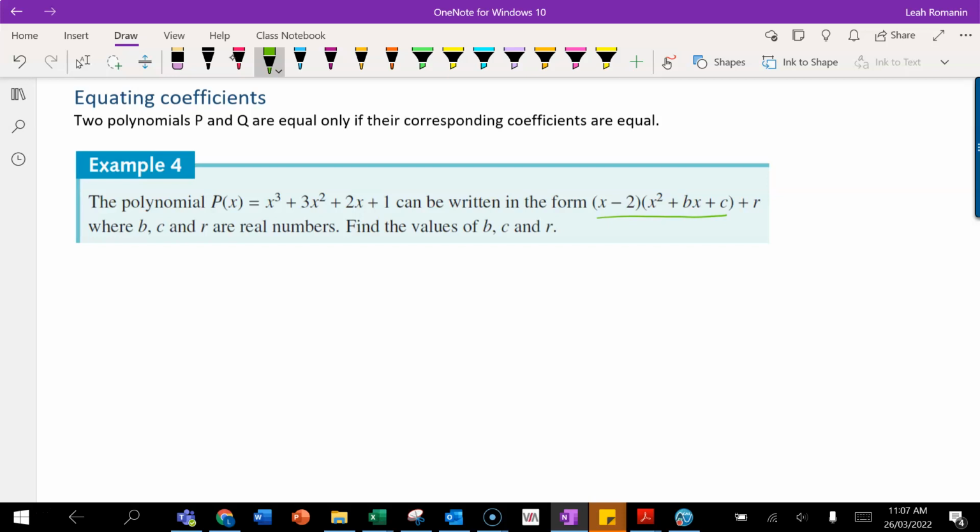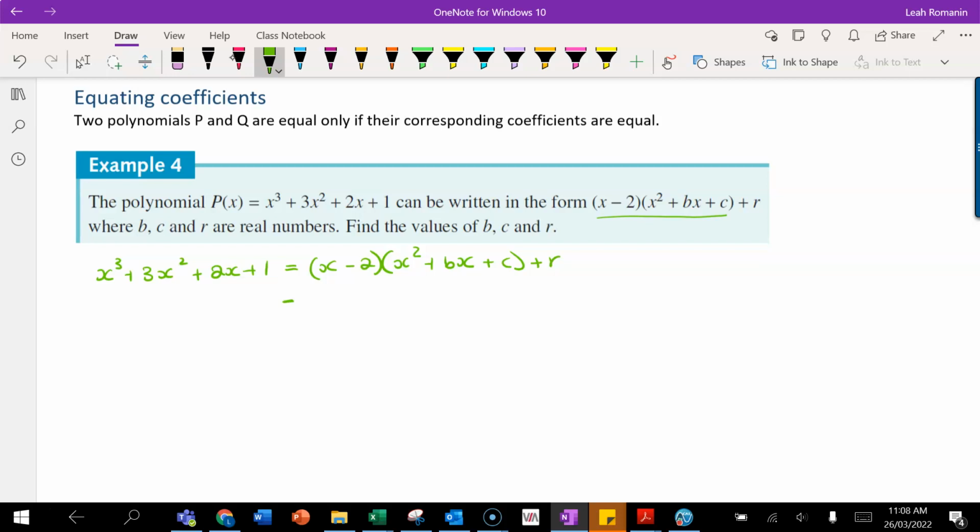So starting with our polynomial of x cubed plus 3x squared plus 2x plus 1, it's telling you that it is equal to x minus 2 times x squared plus bx plus c, and then plus r on the end. Now we could also rewrite this.